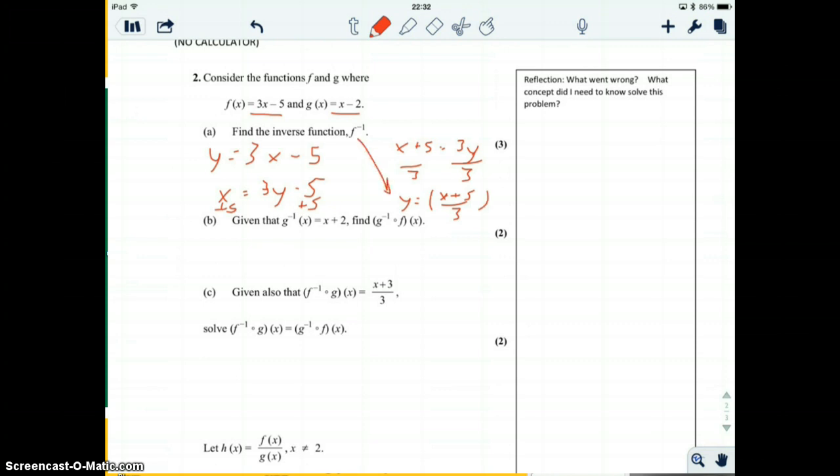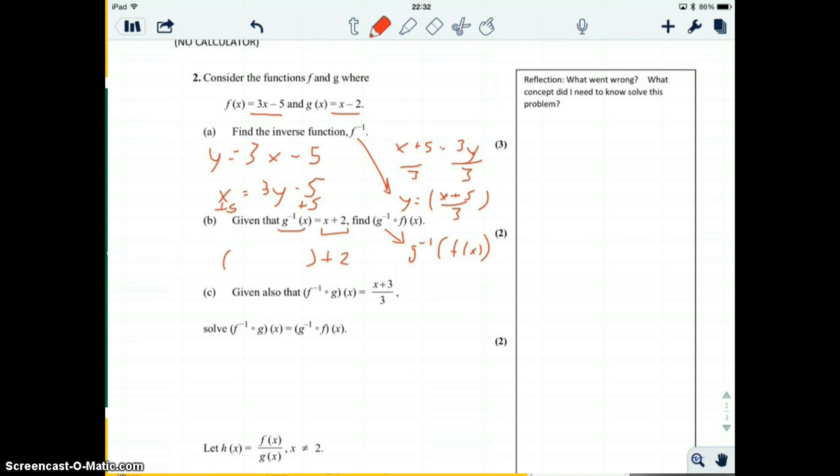Given that the inverse function of g is x plus 2, find g inverse follows f. Okay, so we know that g inverse is parentheses plus 2, and then we're going to put f inside that, okay? Because basically this means g inverse of f of x, right?